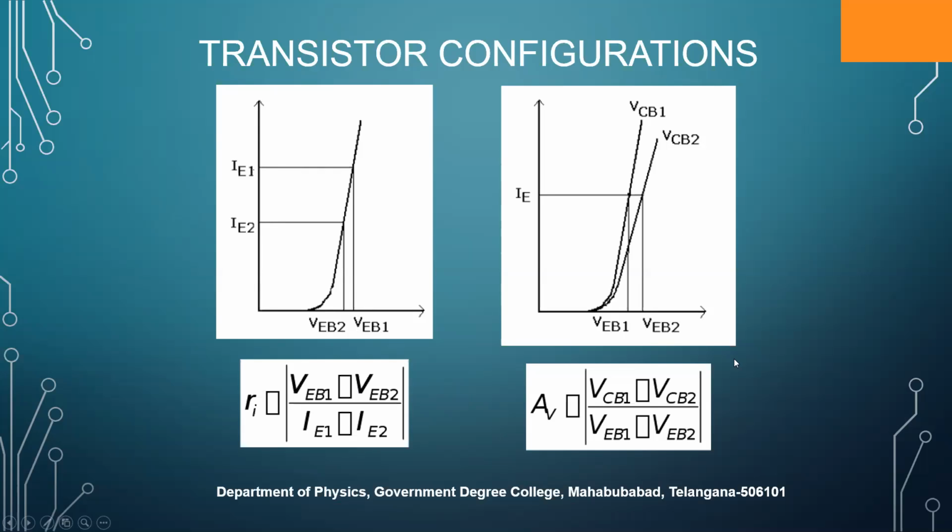When coming to the voltage amplification factor, that is AV, we have to fix the input current, that is IE. At the same input current, for different values of VEB, we have to measure the values of VCB.